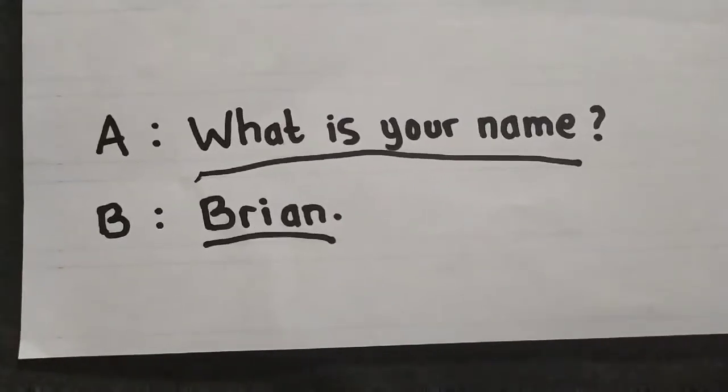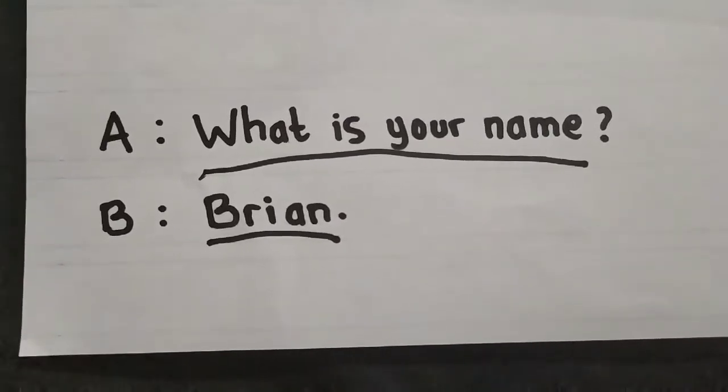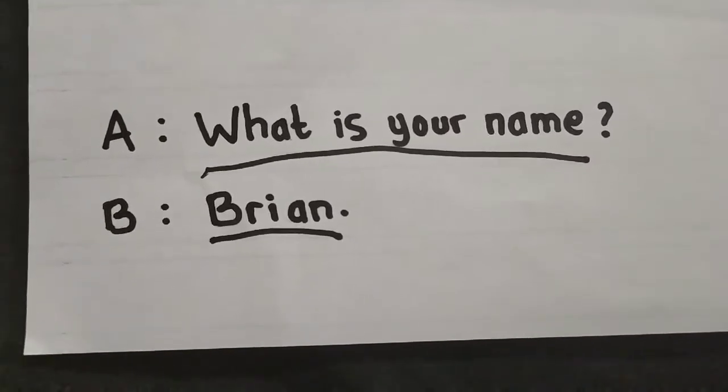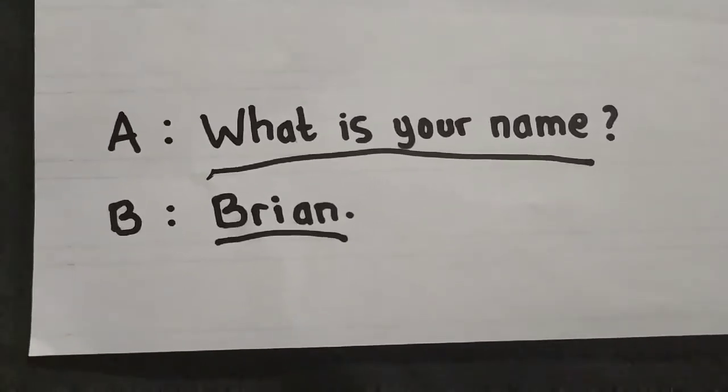In the independent clause, there are elliptical clauses and non-elliptical clauses. Elliptical clauses are clauses that are missing or leaving out one or some parts. For example, A: What is your name? B: Brian.